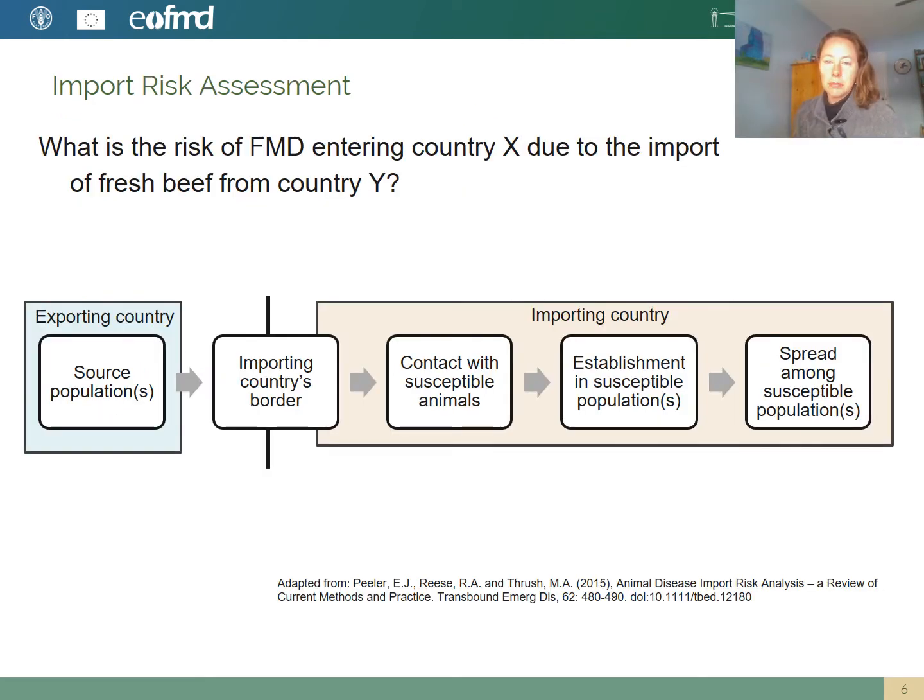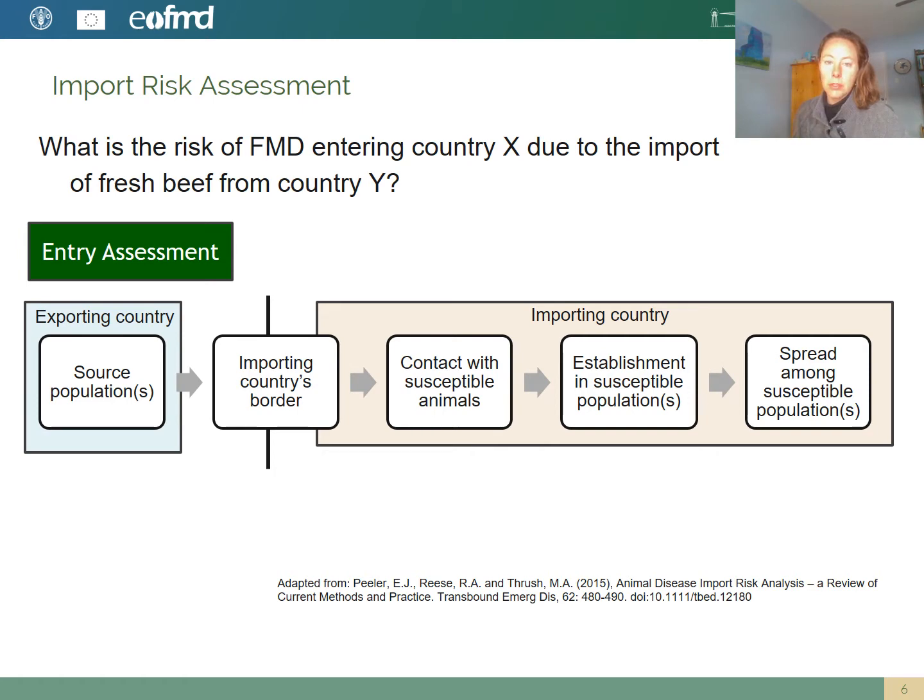Let's use this diagram to illustrate the different components of risk assessment as they apply in our example. We start with the exporting country, Y, where the beef is moved from Y to the border of X. The entry assessment estimates the likelihood of the hazard foot and mouth disease being introduced with that commodity.